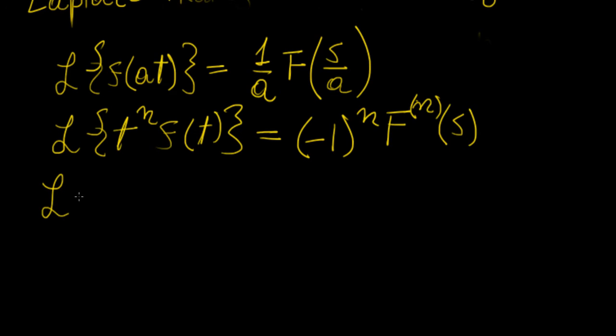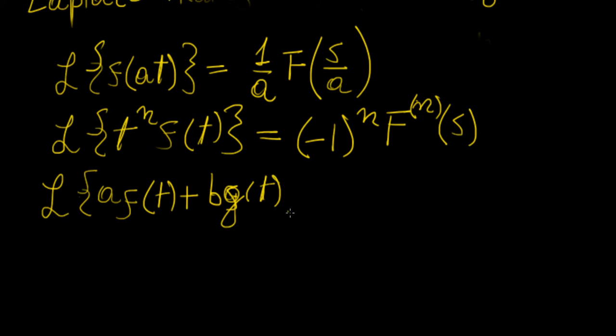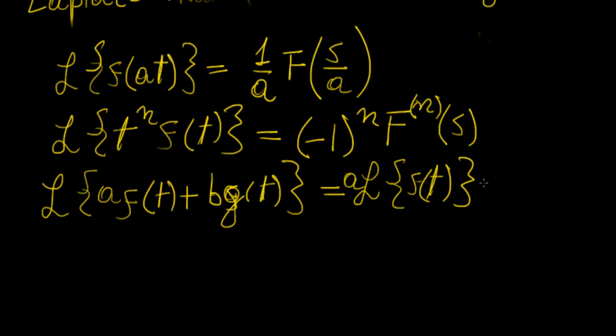Now the next property is the property of linearity. We're going to have a sum of functions like this, and this one is quite important; we're going to be using it quite a lot. Let's make another function of time here, and this is going to be equal to a times the Laplace transform of f of t plus b times the Laplace transform of g of t.